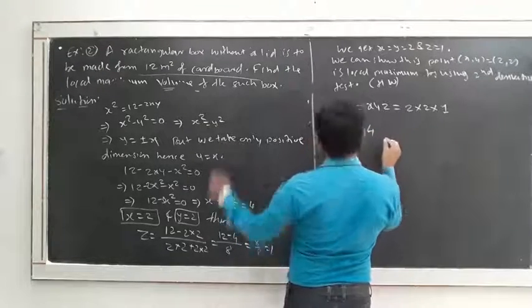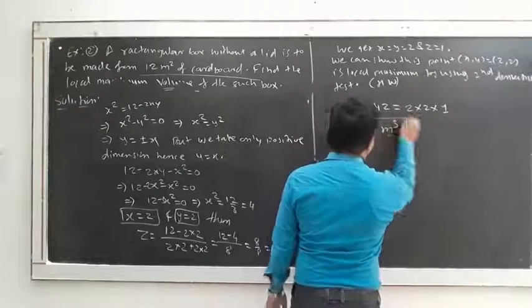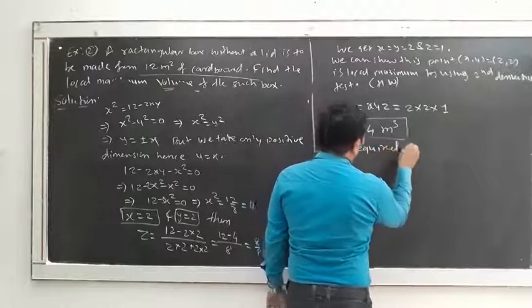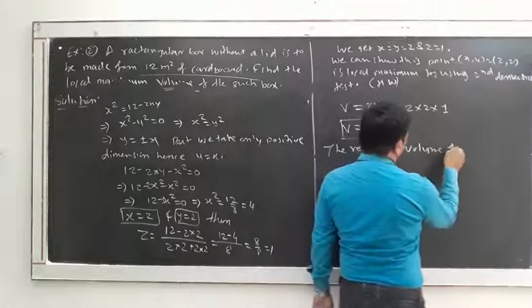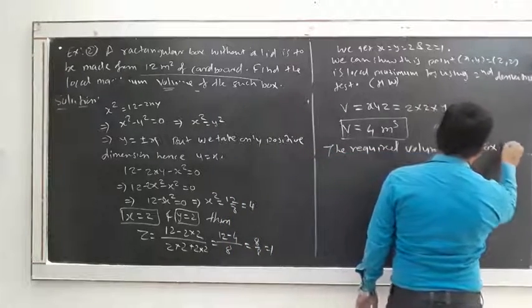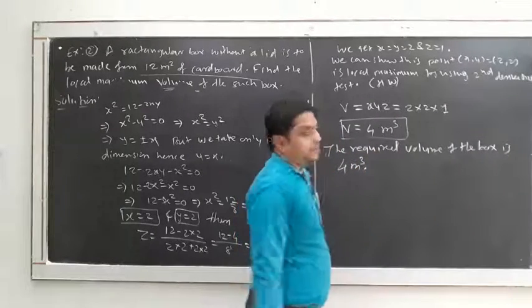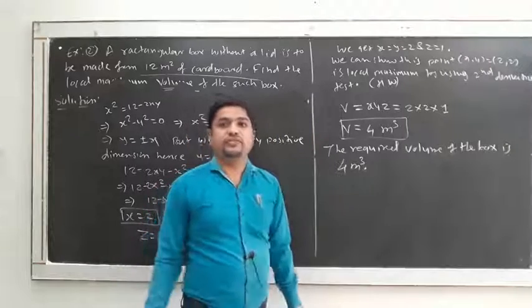What unit is given? Meter cube. So the required volume of the box is 4 meter cube, and this is our answer.